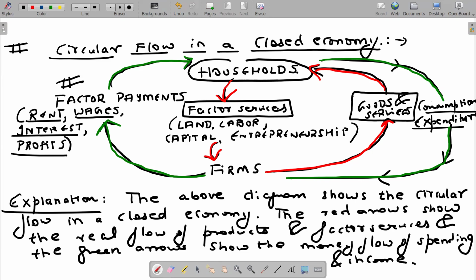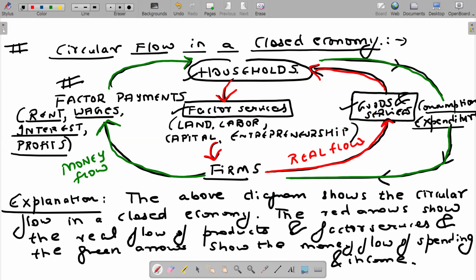Students can clearly see that the red arrows do not denote any money getting transferred. The red arrows only denote the real flow, which means flow of factor services from households to firms, and flow of goods and services from firms to households. The green arrows involve money. That is why they are called money flow. Firms pay to the households in the form of rent, wages, interest, and profits. They involve money, and households spend money in the form of consumption expenditure. So the green arrows denote money flow. The red arrows denote real flow.